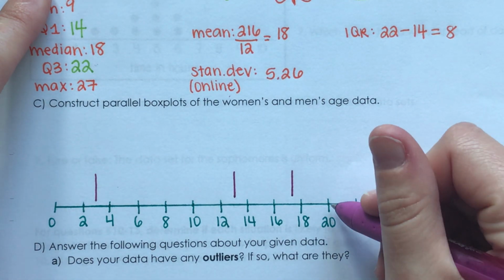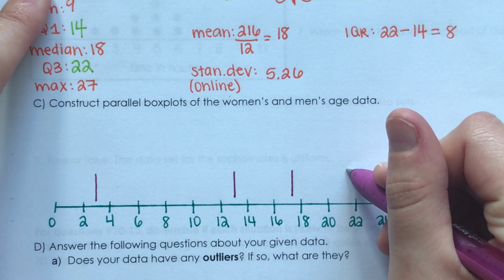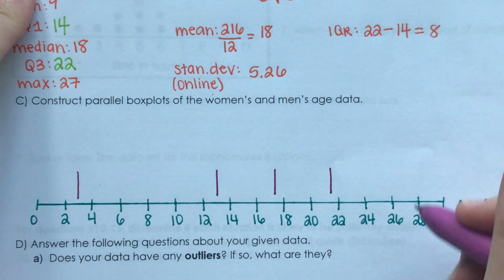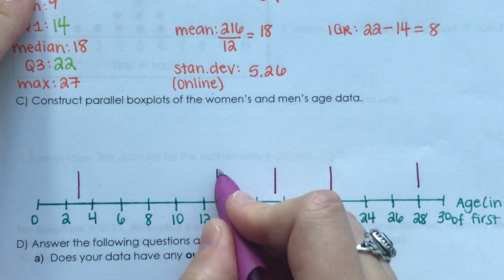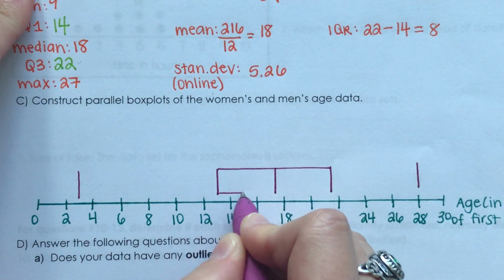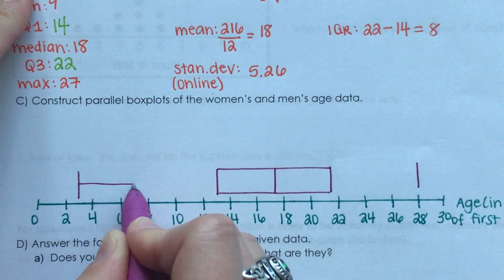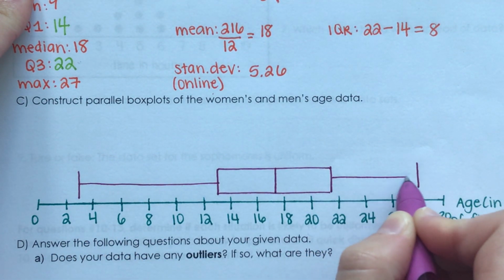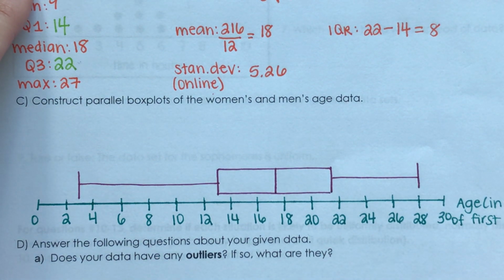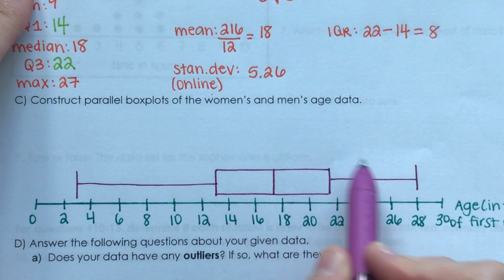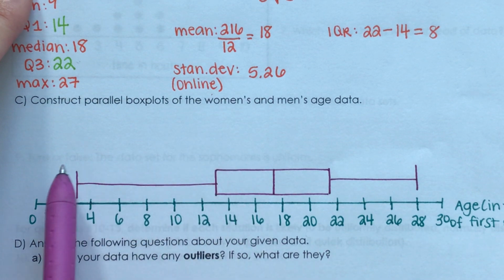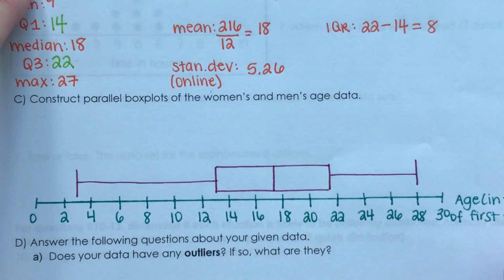Quartile 3 is 21.5. And then their maximum is 28. The 3 in the center are my box. The other ones are my whiskers. You can see that this one does not look like it's symmetric. It definitely has a longer tail over here on the left side.